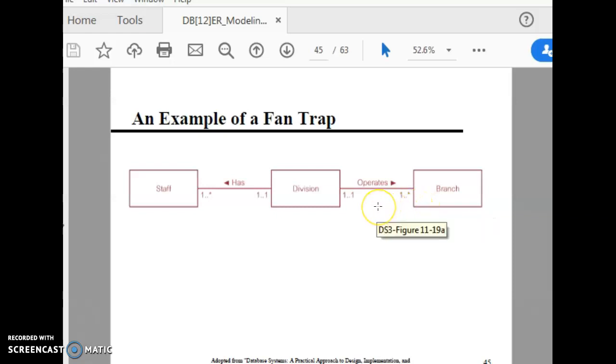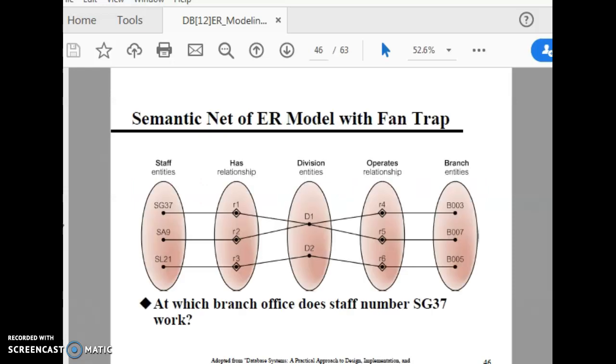We are unable to give a specific answer by seeing this semantic structure. We can only say that staff number SG37 works at branch B003 or B007. We cannot determine one branch in this situation.